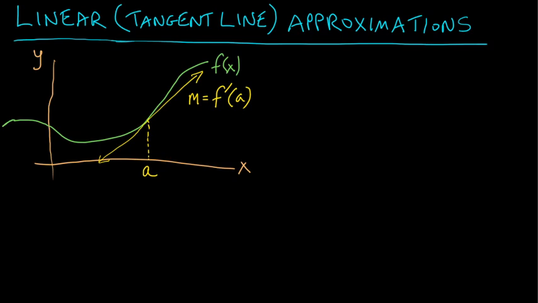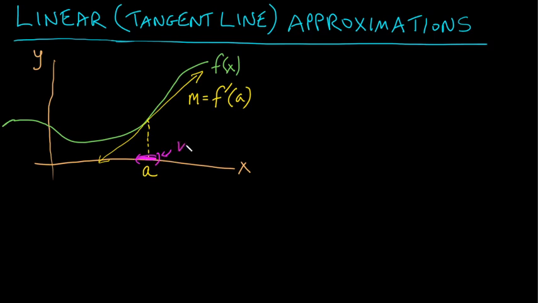And I want to emphasize the fact that the derivative of a function is a local property. What I mean by local is that the derivative at x equals a only really makes sense when you're very close to a, in some small region near a.